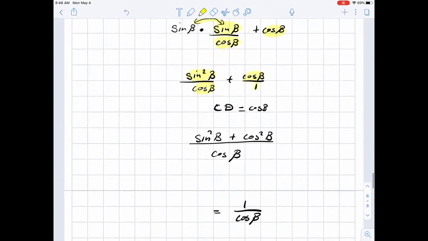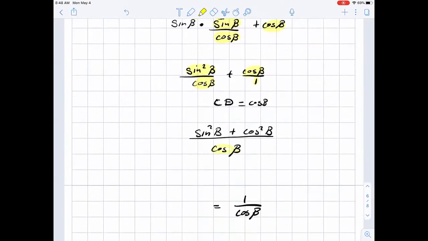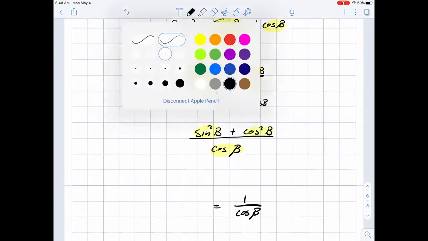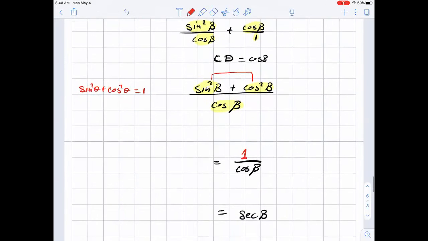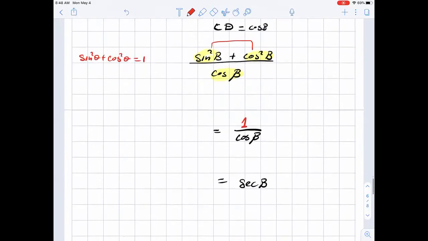Finding the common denominator, that's cosine beta. So this becomes sine squared beta plus cosine squared beta. But you know from the identity that sine squared theta plus cosine squared theta is equal to 1. So I can replace this with 1. So 1 over cosine is also secant. So final answer, secant theta.